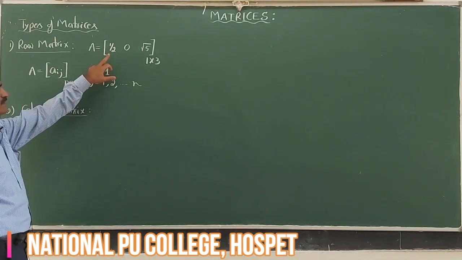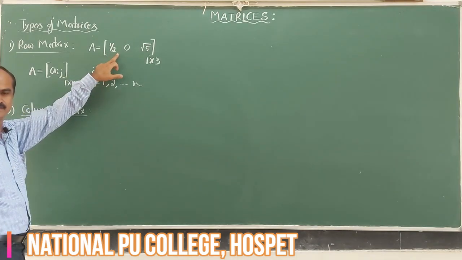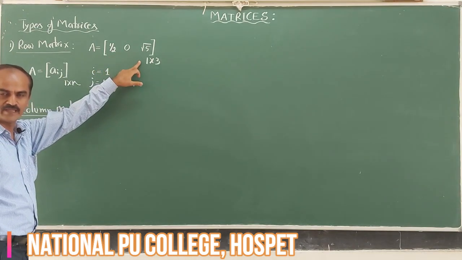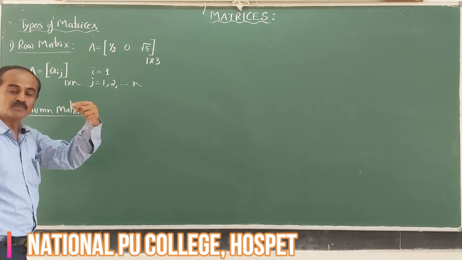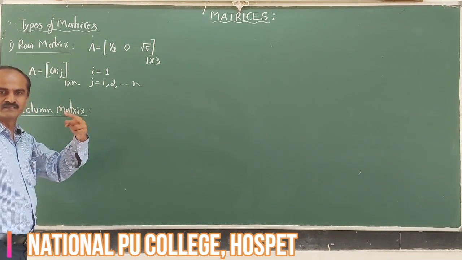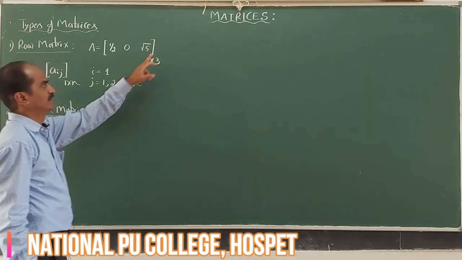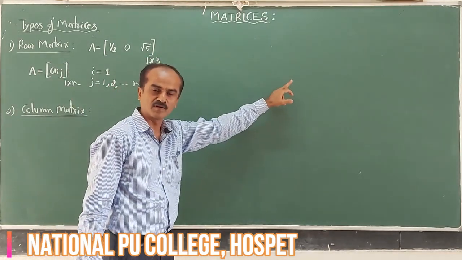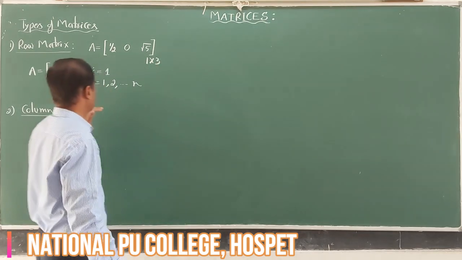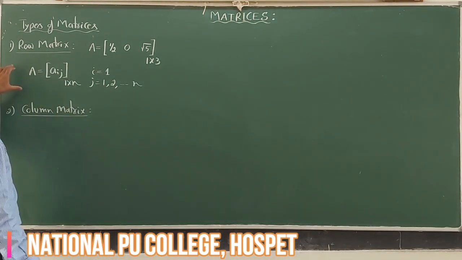Because look at here, this is a11, a12, a13. The elements will keep continuing a14, a15, a16, depending on how many columns the order contains. So this is the general way of writing the row matrix.